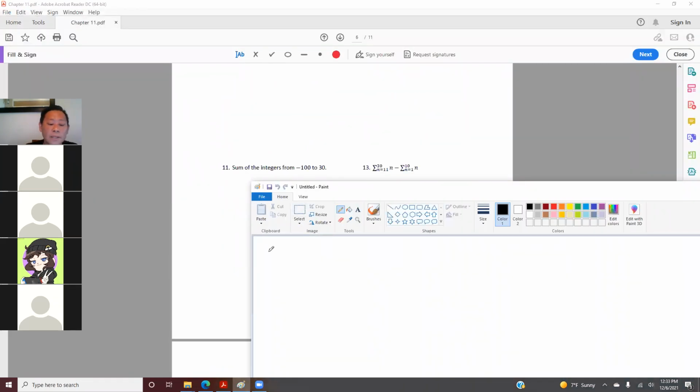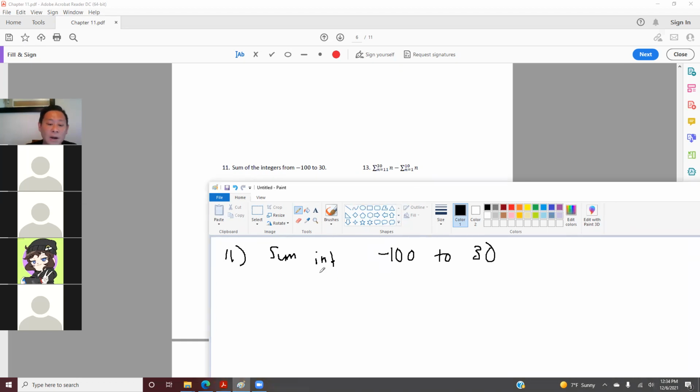So we are looking for the sum of the integers from -100 to 30. What is the meaning when I say the sum of the integers from -100 to 30?